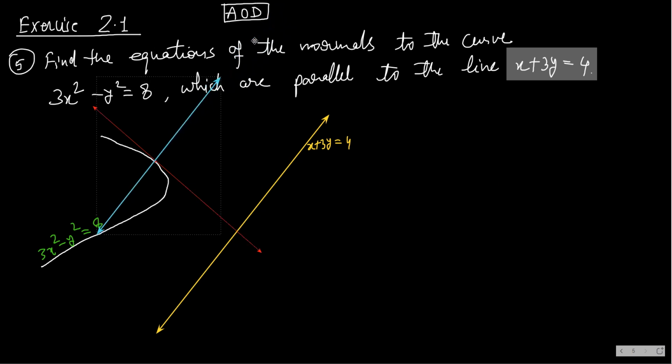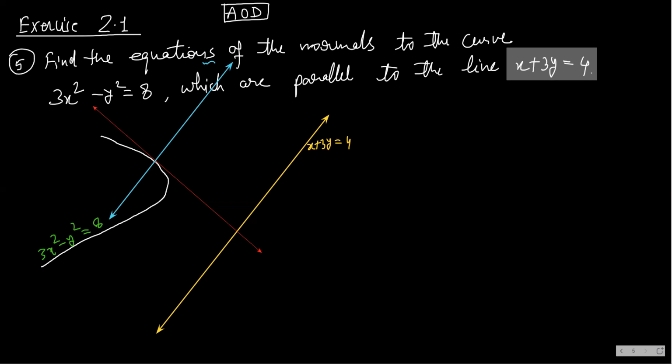Now we notice that this normal is parallel to the given line. You can check. The normal is parallel to the given line. They're asking us to find the equations of this normal. In the question they're using the plural, equations.